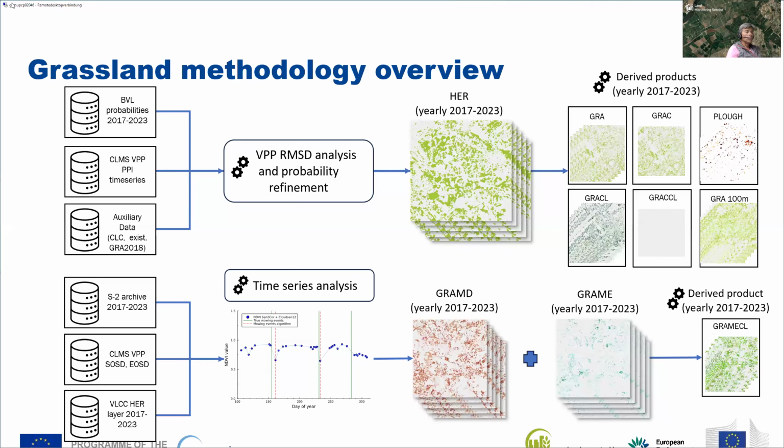The herbaceous product is the same as the others, a 10-meter product, a yearly product starting 2017 to 2021, but will be also for 2023. It is the first layer, and the other products are mainly derived from this product.